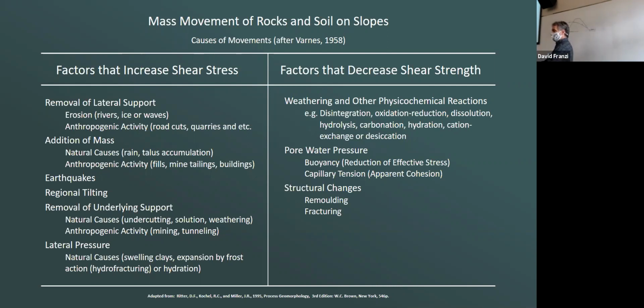When you saturate a soil on a slope, you're increasing its weight, and that increases its driving force. But what else are you doing? You're increasing the pore pressure, you're decreasing the normal stress, the effective normal stress. So you're doing two things to it, and that affects its strength. So the addition of water to a slope does two bad things. That can converge towards a factor of safety less than 1.